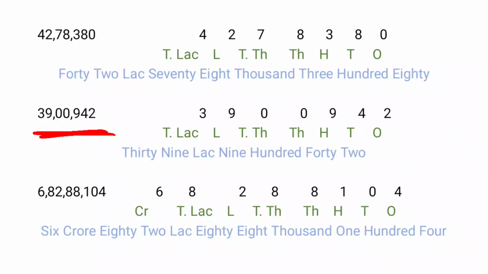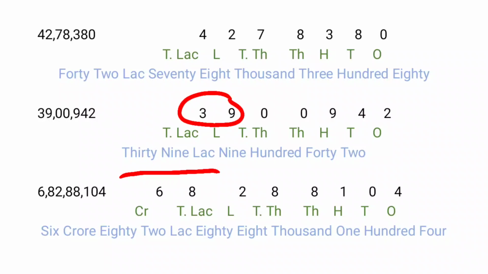Okay. Now see, this is the next example. It is also a 7-digit number. The places are ones, tens, hundreds, thousand, 10,000, lakh, and 10 lakh. So on the place lakh there are two digits, 39 in combined form. This is written as 39 lakh.